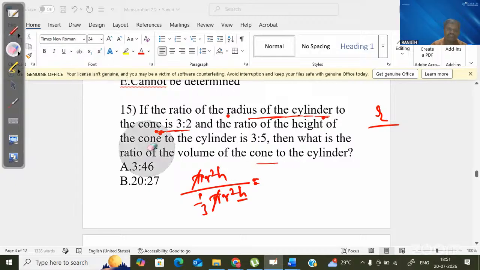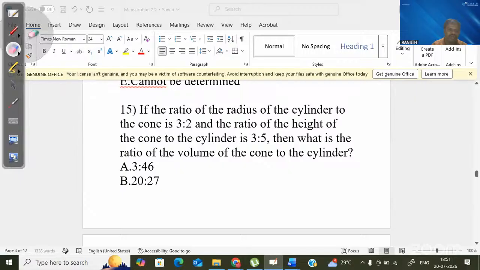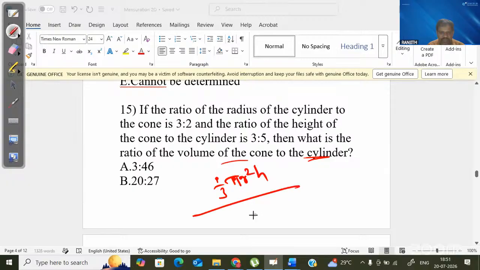Final ratio is what we need to find out: the ratio of the volume of cone to the cylinder. What is the volume of cone? 1 by 3 pi r square h divided by volume of cylinder equal to pi r square h.